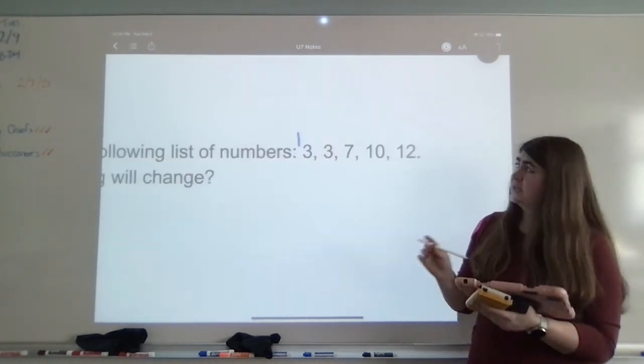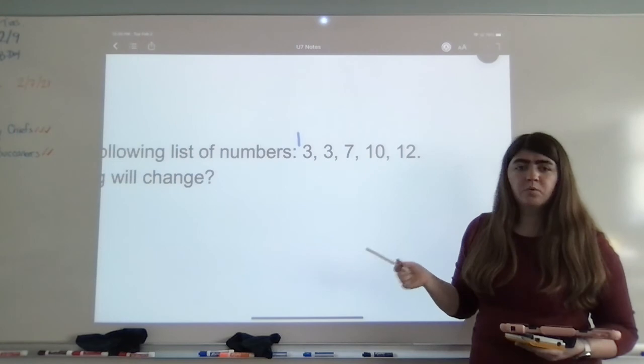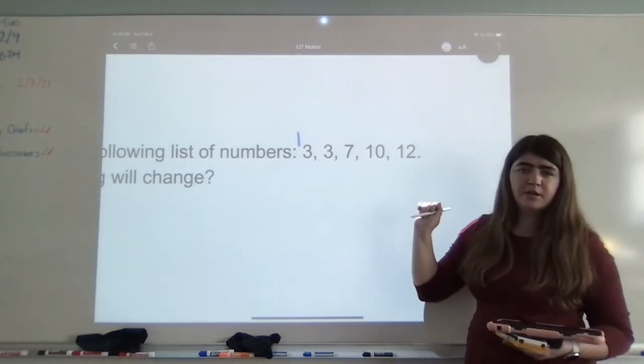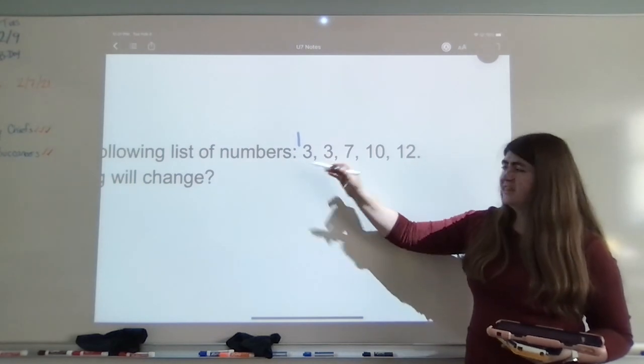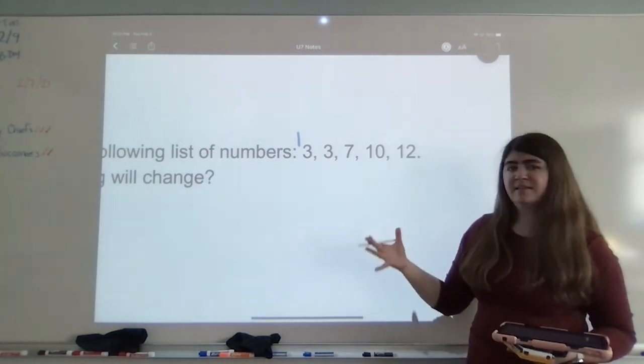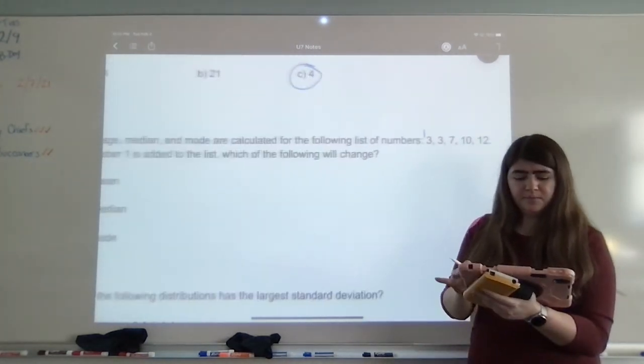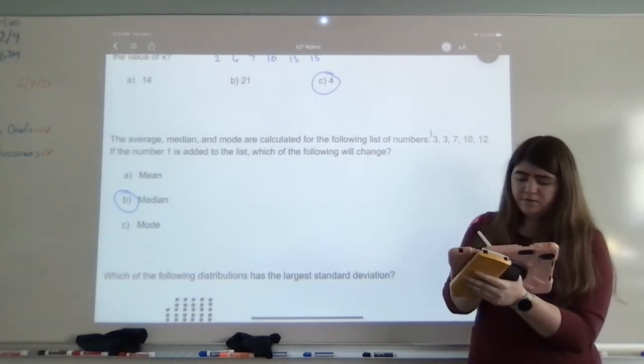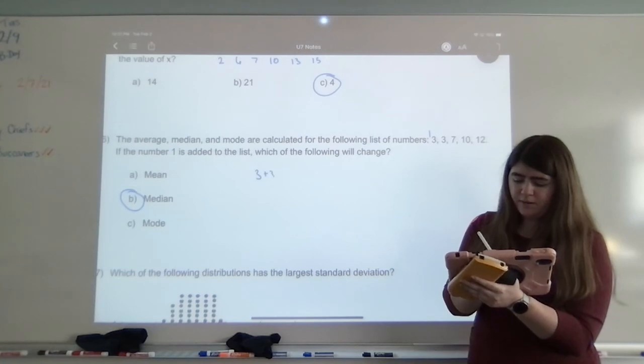When we add 1, does the mode change? Well, the mode before was 3 because there were 2 values of 3 and no other repeated numbers. When you add 1, that does not change, so the mode stays the same. Next we have the mean. In order to figure that out, we actually do have to calculate it. So I have 3 plus 3 plus 7 plus 10 plus 12, all divided by 5.